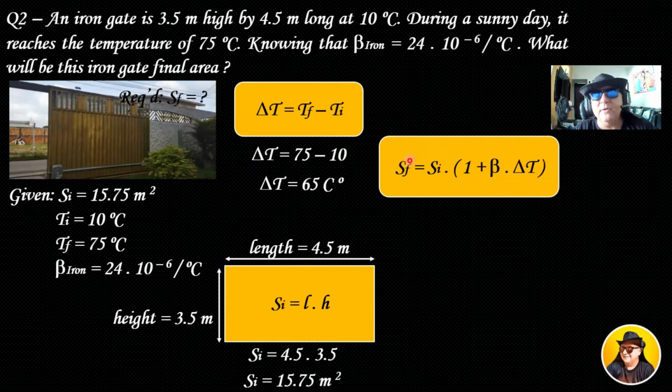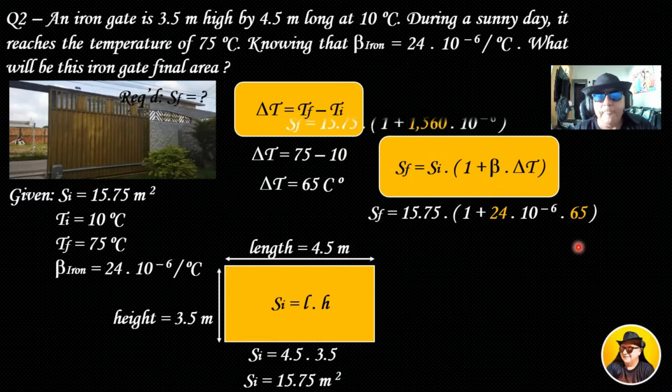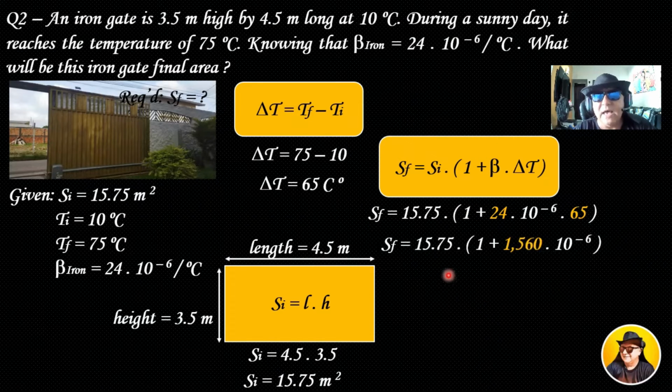So the final surface is, let's plug the values into the formula, 15.75 times 1 plus 24 times 10 to minus 6 times 65. Well, see the color? 24 is going to multiply 65, so this is why it is in yellow. Only this I'm going to do in the next line.